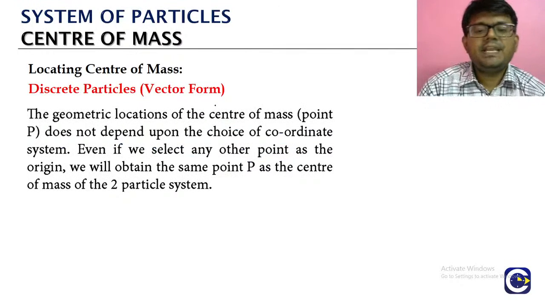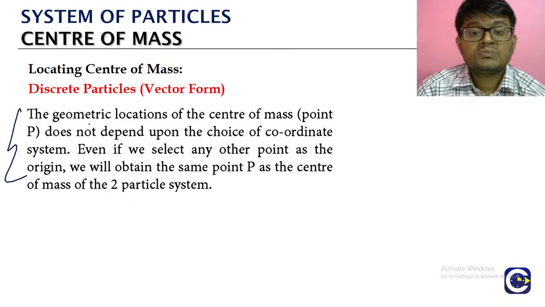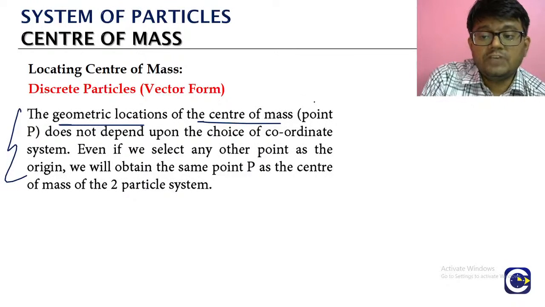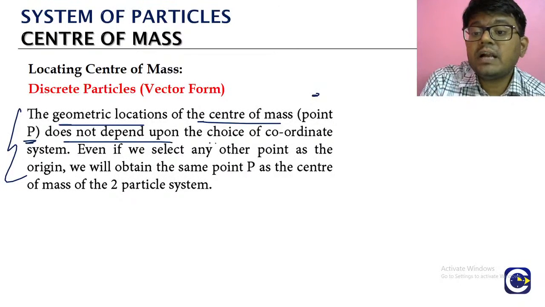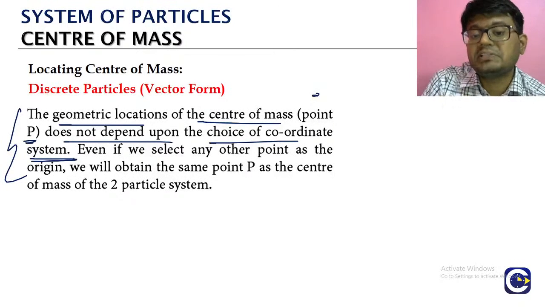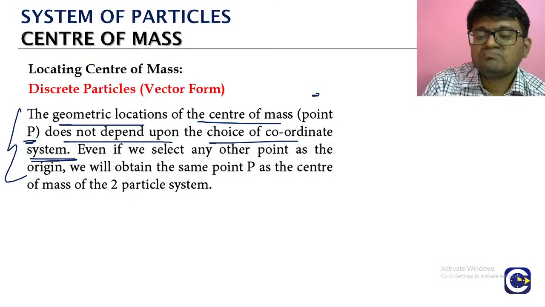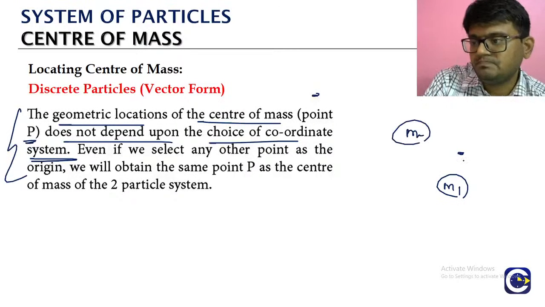Now this is a very important point about the center of mass location. If you are indicating the center of mass by a point P, the geometric location of the center of mass does not depend upon the choice of the coordinate system. For example, let's say we have two particles in the system, m1, m2.